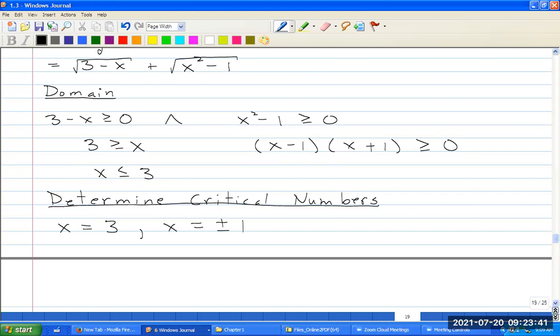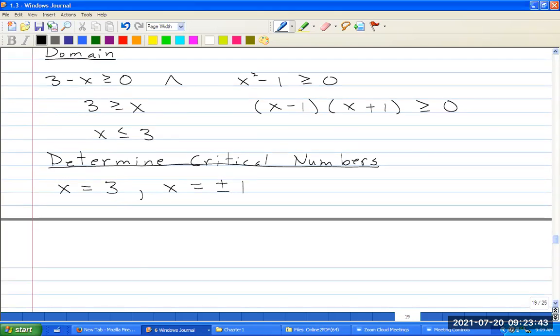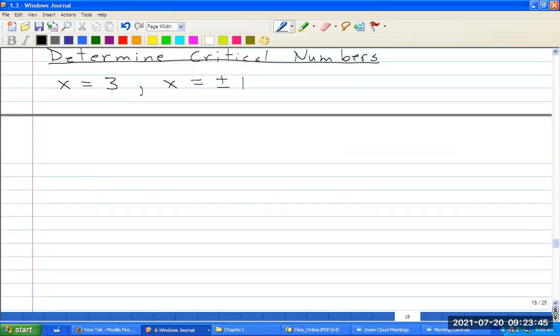Okay, so let me put these on my number line. Actually, let me do this as 2 separate number lines.